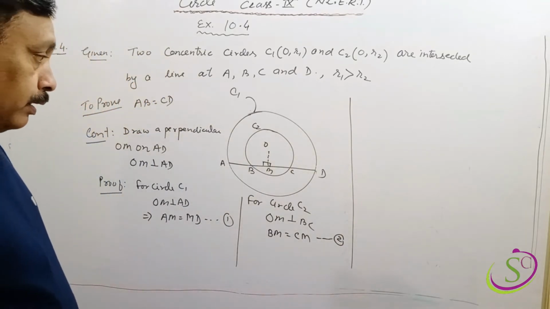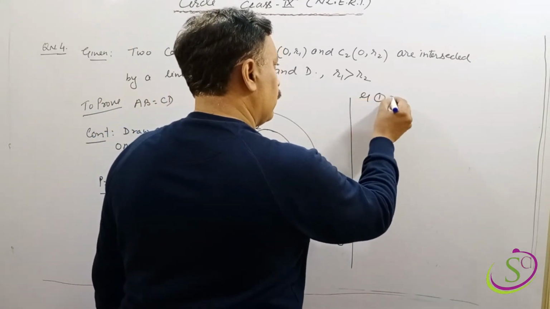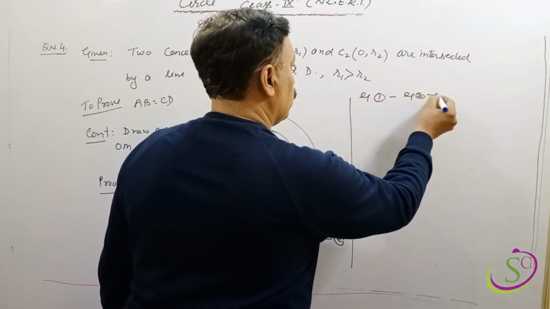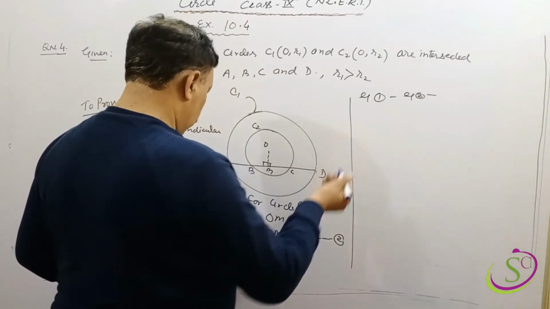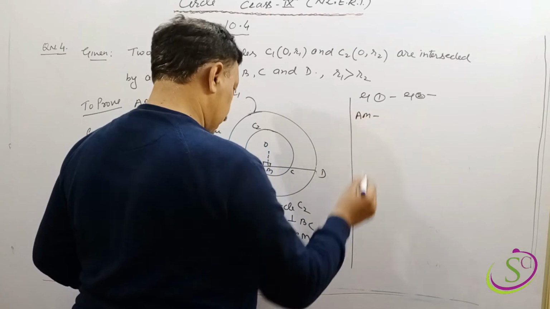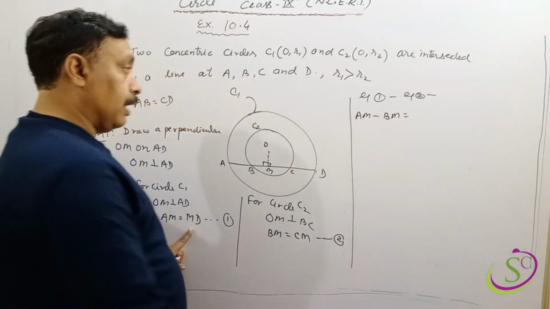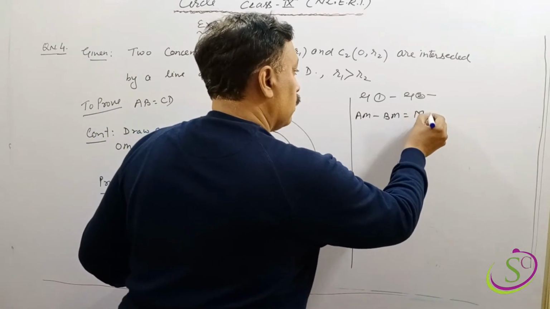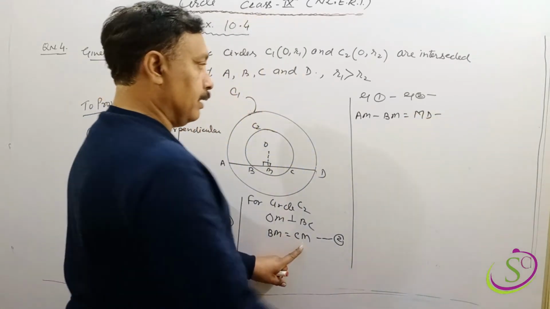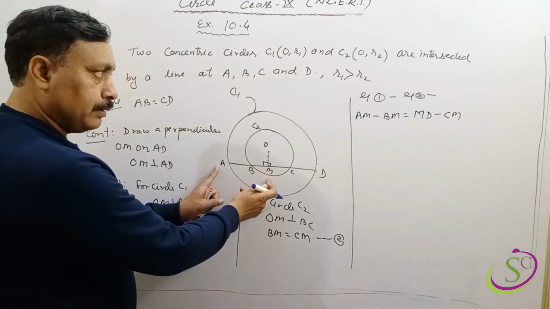Now, subtract equation 2 from 1. Equation 1 minus equation 2. The left side will be subtracted from the left side, means AM minus BM equal to MD minus CM. Okay. AM is this.